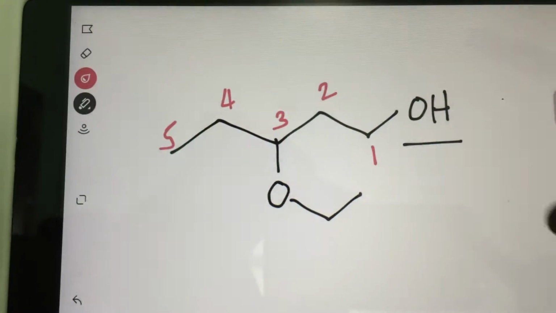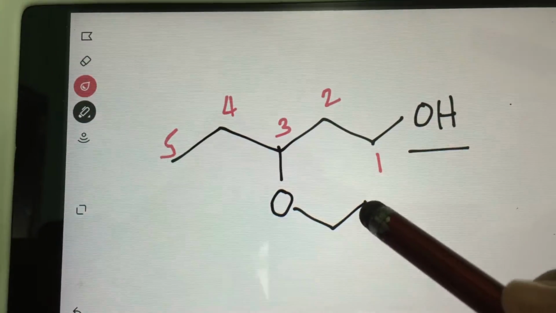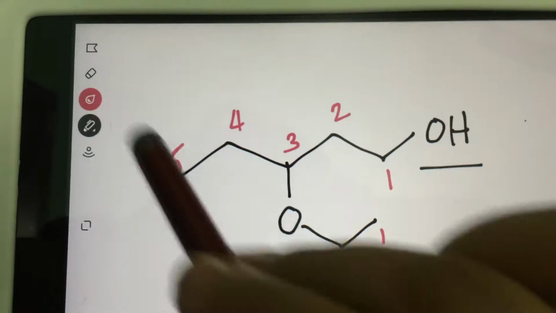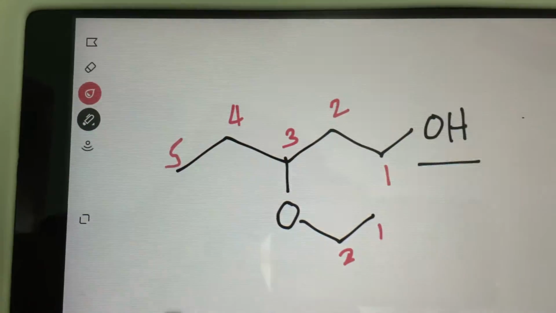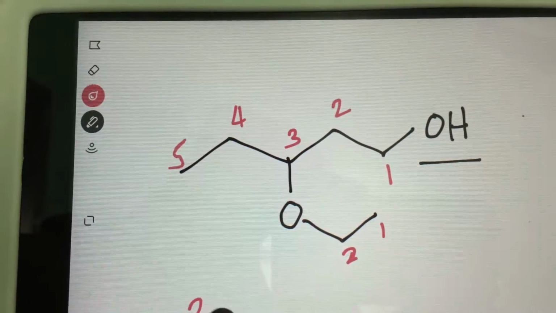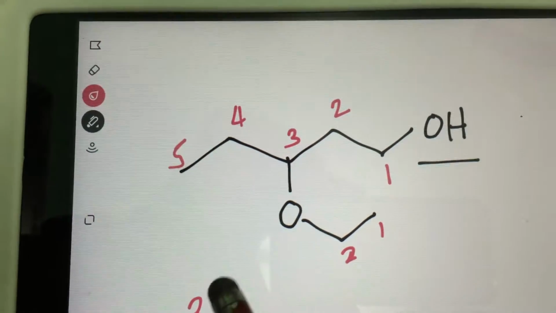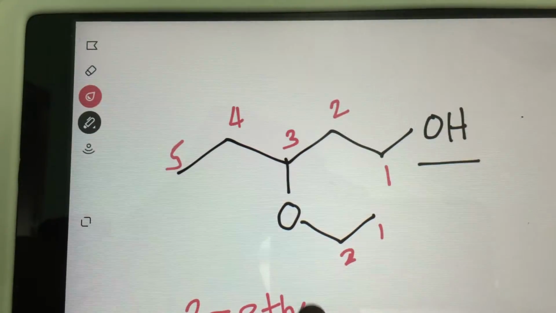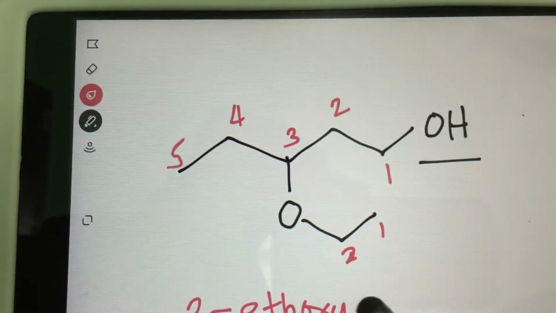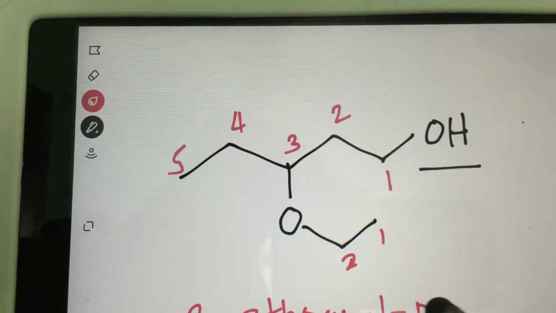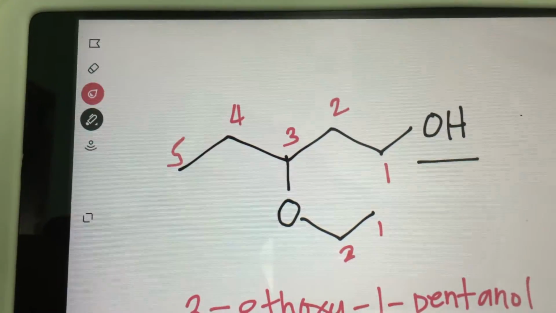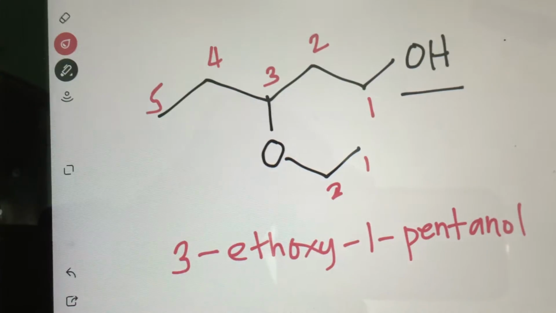So this will be a pentanol, substituted pentanol, and then 2 carbons, so this will become ethoxy. Okay, so we can find the ethoxy substituent at the third carbon, so 3-ethoxy, and then 1-pentanol, or you can just remove yung 1, so 3-ethoxypentanol.